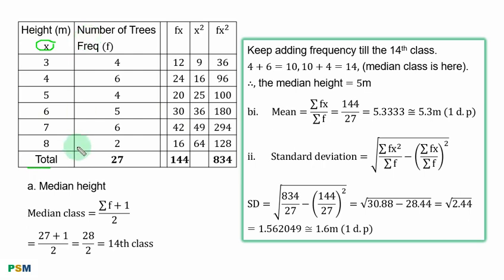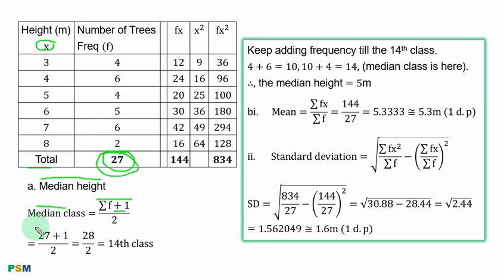In order to find the median height, we need the sum of the frequencies, and that is 27. To begin, we get the median class, which is equal to summation of frequencies plus 1 divided by 2. You are adding 1 because it is an odd number.